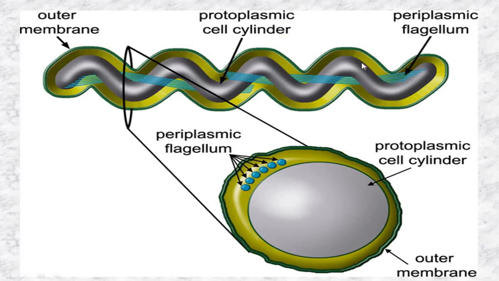This is a figure that shows the axial filament. You can see these are the filaments which twist around the bacterial cell and help the bacterial cell to flex, creep, or swim. This is a transverse section of the spirochete, and these are the axial filaments, which are present in the periplasmic space between the cell wall and cell membrane.